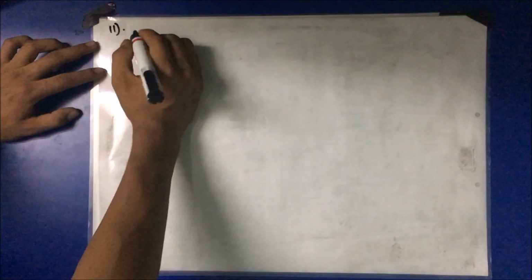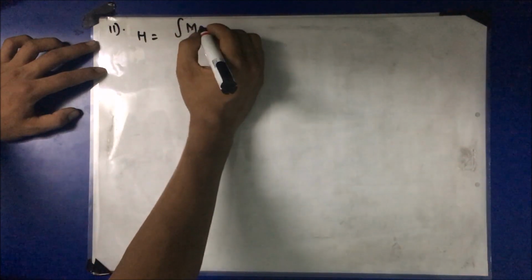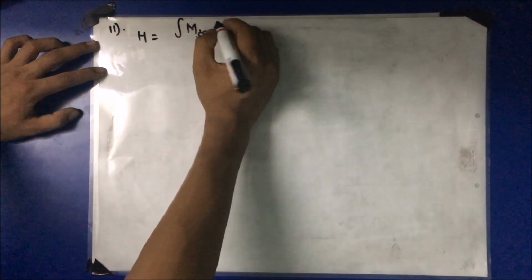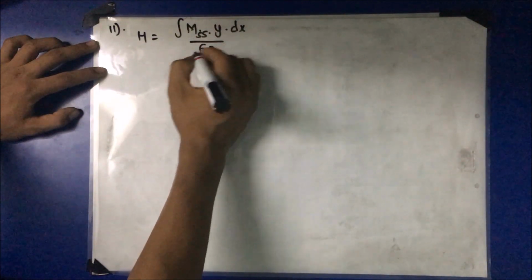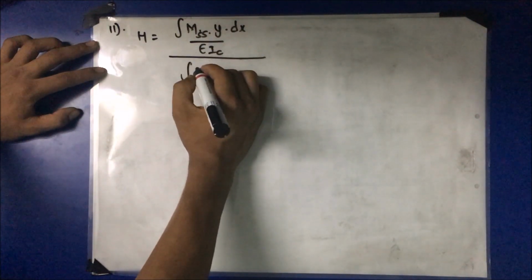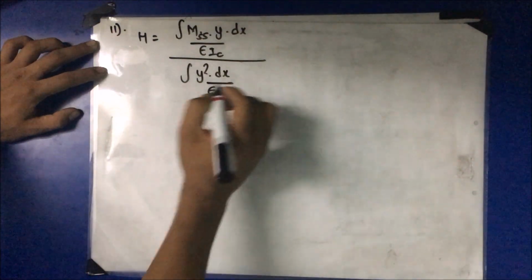The next step is to calculate horizontal thrust. The formula is the integral of MSS times y dx by EIC, divided by the integral of y square dx by EIC.